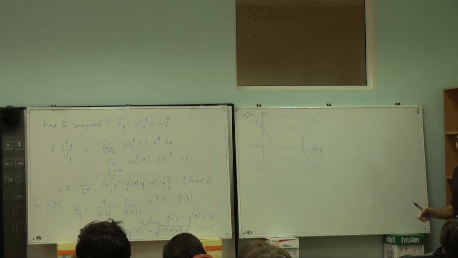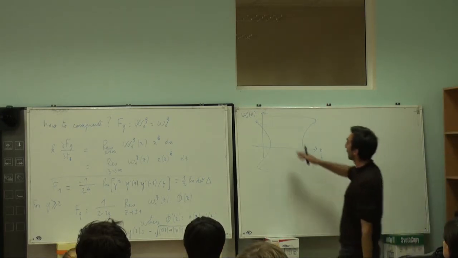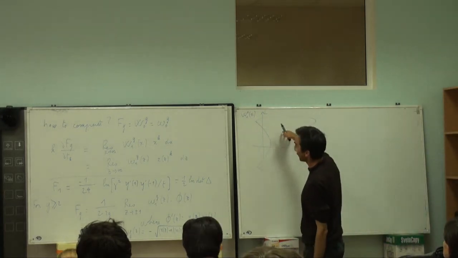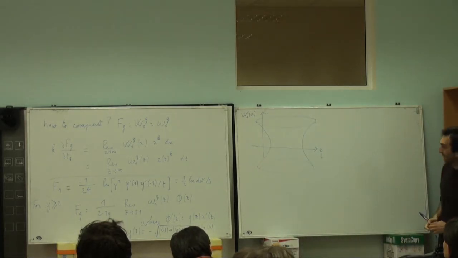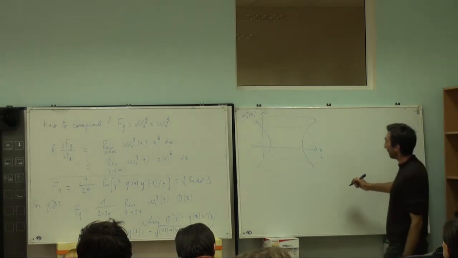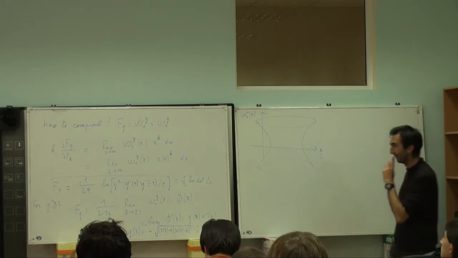So you can forget about the combinatorial problem of counting maps and just give yourself a certain Riemann surface and compute its invariants. Now I can go to the large size limits.